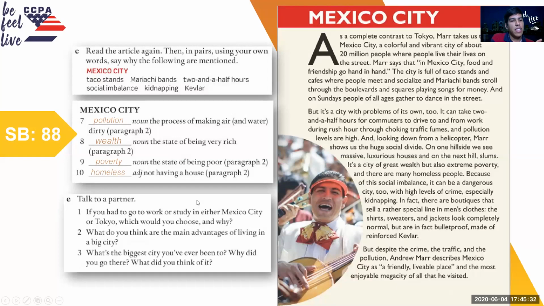Now we have talk to a partner. If you had to go to work or study in either Mexico City or Tokyo, which would you choose and why? So Fair, would you like to select a victim? Ariel. Ariel, okay.